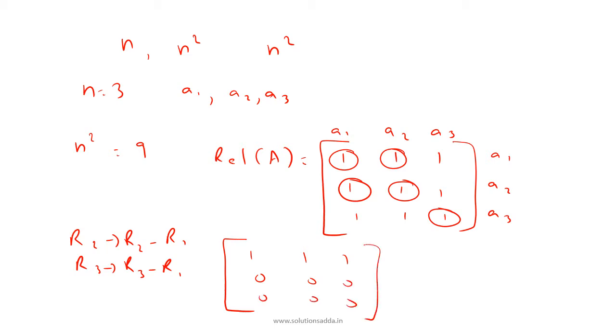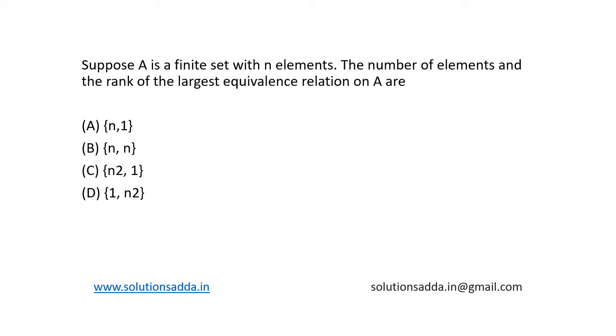This means that the rank of this relation matrix is equal to 1. The rank of an equivalence matrix is the number of equivalence classes induced. Here only one equivalence class is there. As a result, the rank is equal to 1 and the number of elements in the largest possible equivalence relation is n square. So the correct answer is option C, n square, 1.